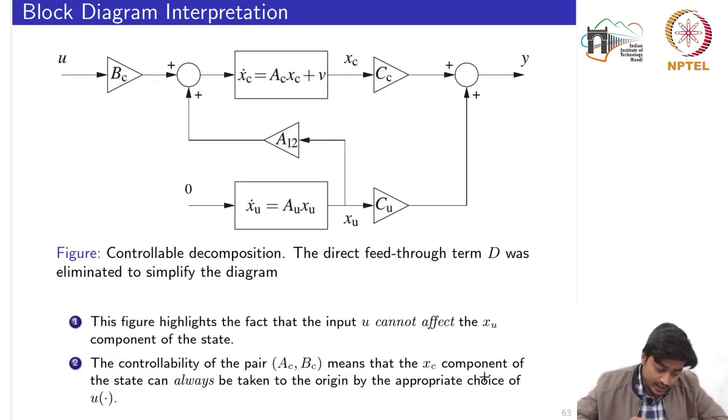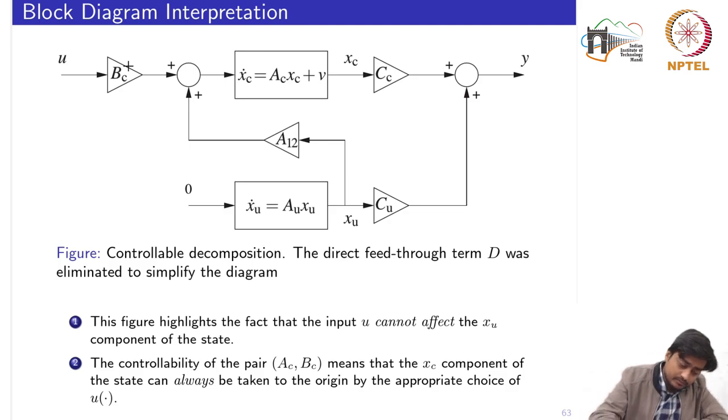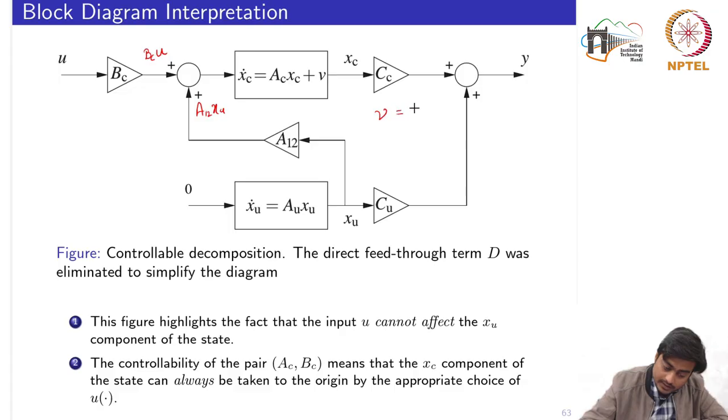So if I draw the block diagram here, this part we would have B c into U, and this part is being added, which is A12 x u. The addition of this B c U and A12 x u we have replaced by nu. So this nu is nothing but your B c U plus A12 x u, and the rest is A c x c.